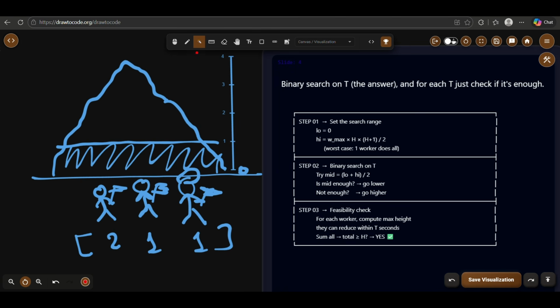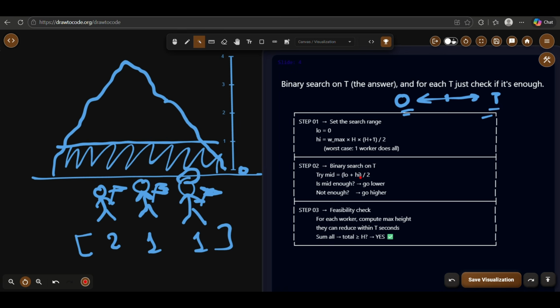And so we will get a range. What will the range be? From 0 to T. The minimum time will be between this 0 and T. So we can find the minimum T required by doing binary search between this range. First find the middle of this range, and check whether this mid time is enough or not.